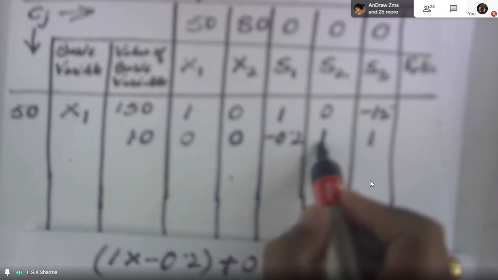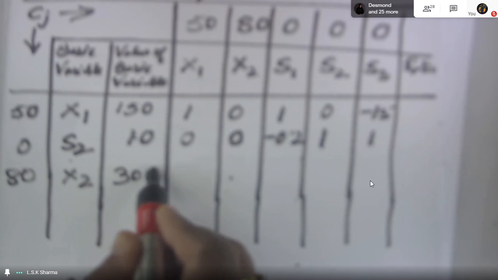Okay. Now the value of S2 has not changed here. So it will remain as S2, and the value of S2 is 0. Okay. Now the third row you don't have to do anything. It will remain as it is, because if you see in the third row, this is 0.